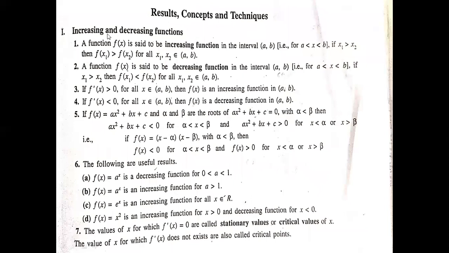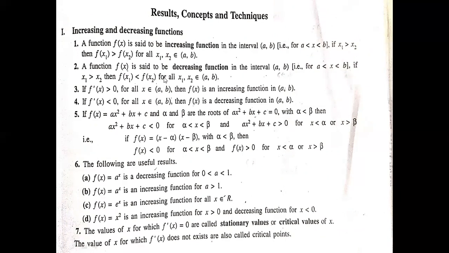Now, some points regarding increasing and decreasing functions. A function f of x is said to be an increasing function within the interval a comma b, that is a less than x less than b, if x1 greater than x2, then f of x1 greater than f of x2 for all x1, x2 belonging to the interval a comma b.